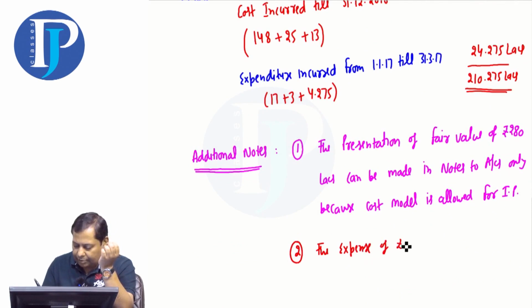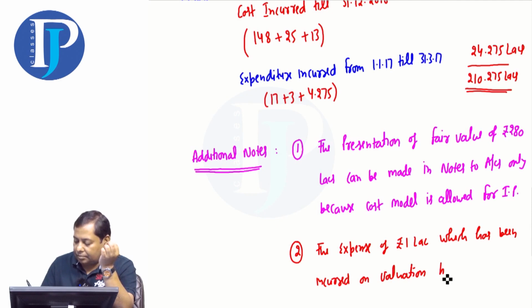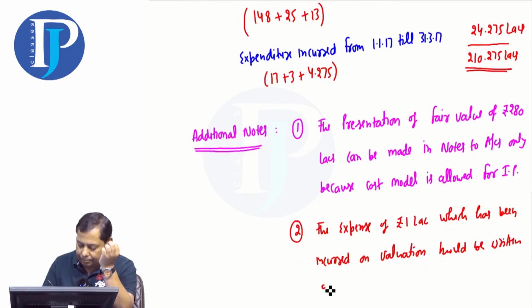The expense of 1 lakh rupees which has been incurred on valuation should be written off in profit and loss account.